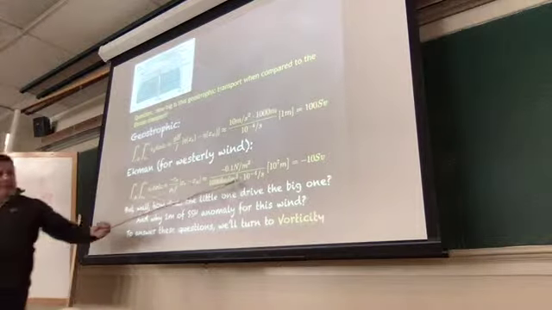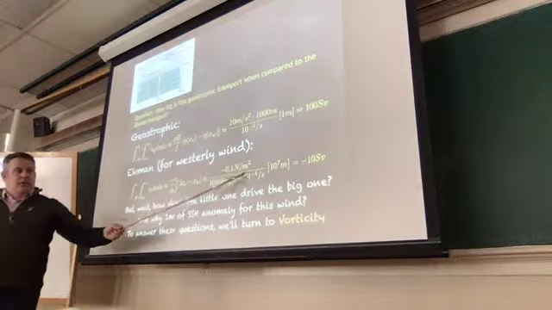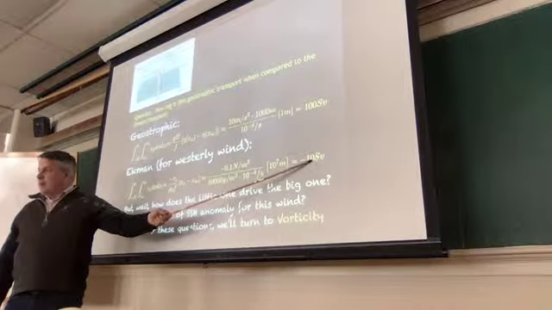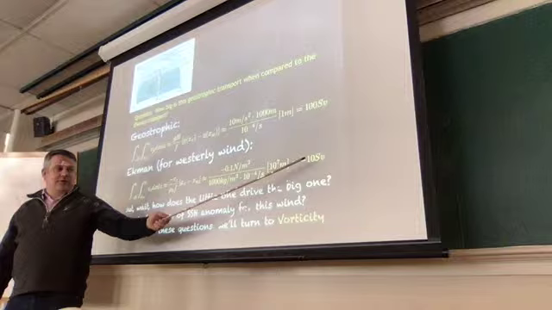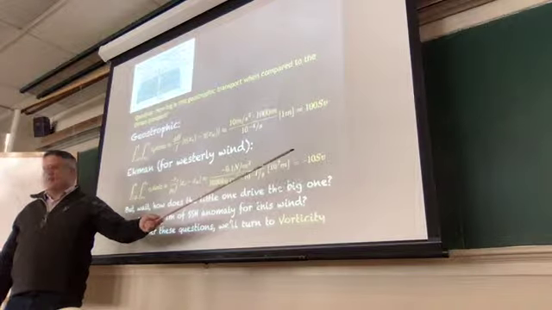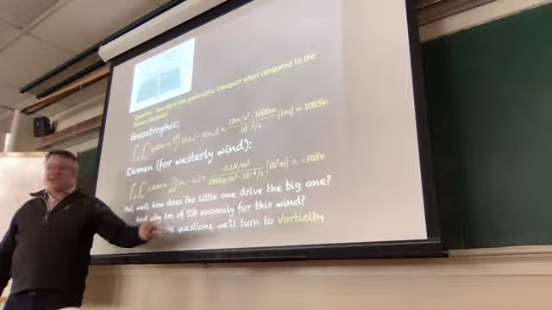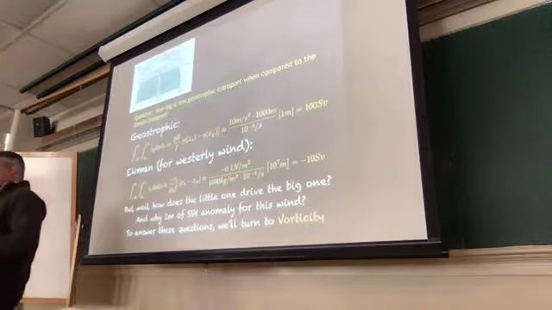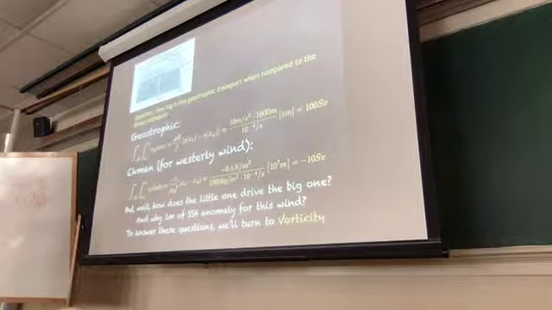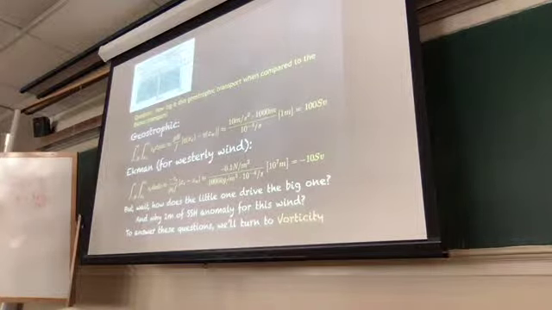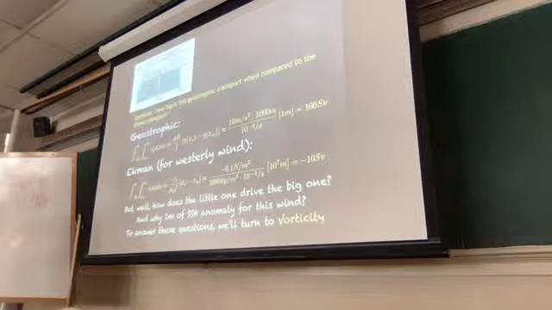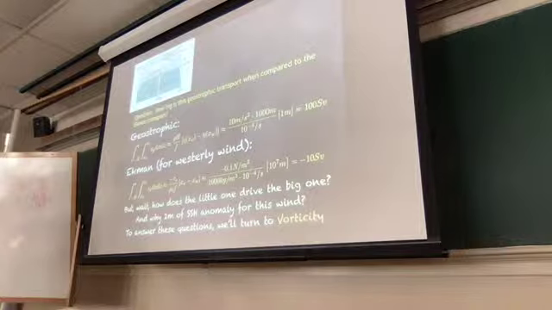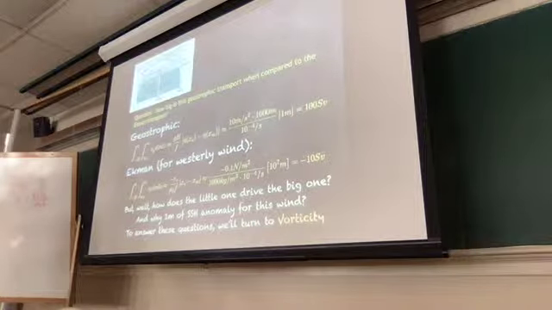If I plug in typical numbers for this, I get about 10 sverdrups. Does everybody remember what a sverdrup is? We said this very briefly at the beginning. A sverdrup is 10 to the 6th cubic meters per second. So 1,000,000 cubic meters per second, or 1,000,000,000 kilograms per second.